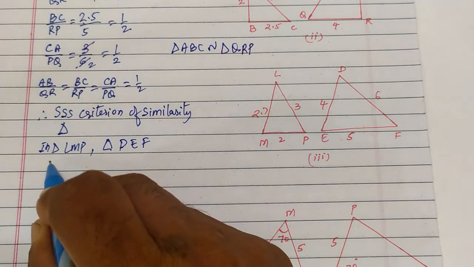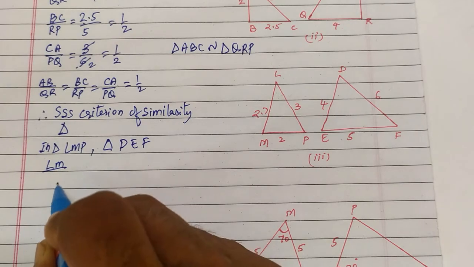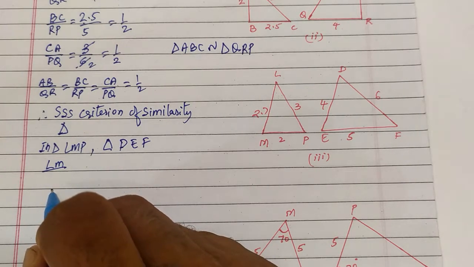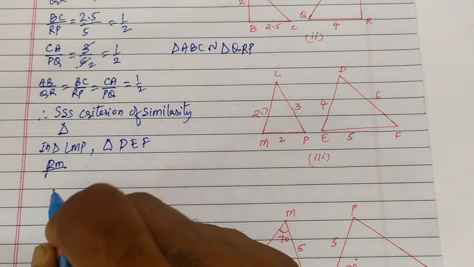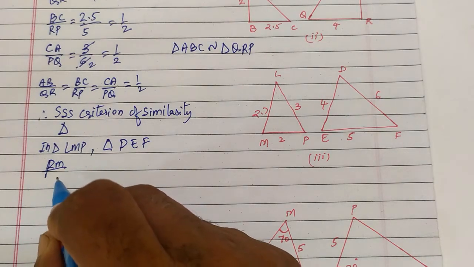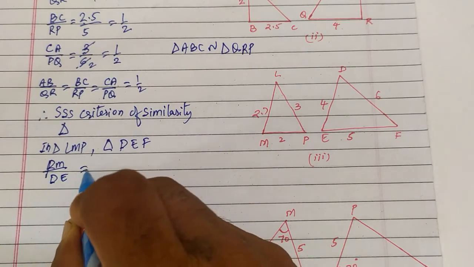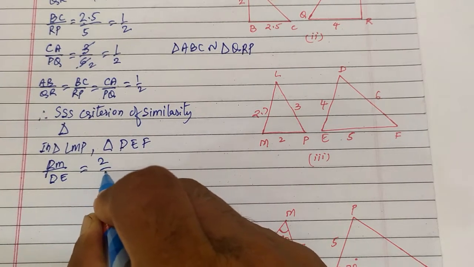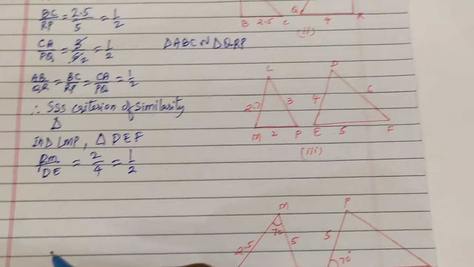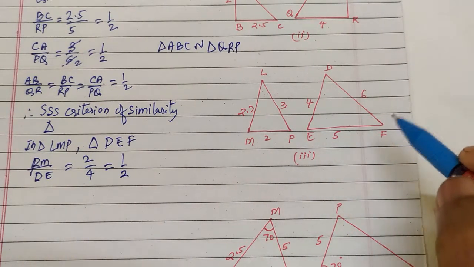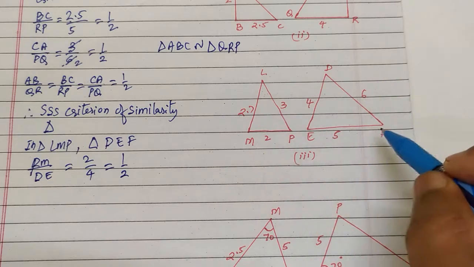We will see LM upon DE. How much is it? 2 upon 4 is 1 upon 2. Then we will see the next side.